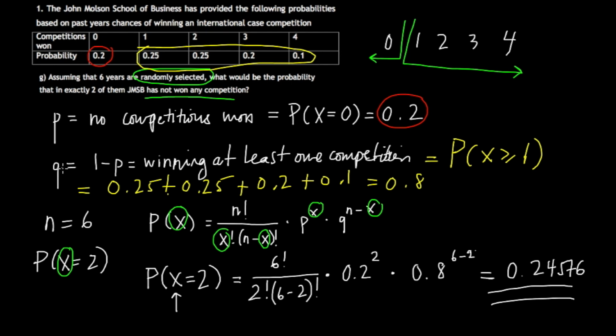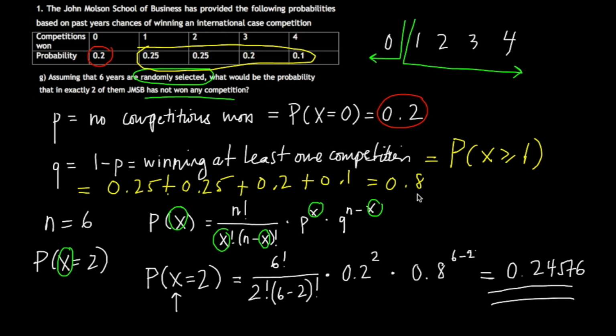Then Q is the complement, 1 minus P, which is winning at least one competition, the complete opposite, so at least 1, which is 0.8. The way to know that you did it right is 0.8 plus 0.2. Binomial, there's only 2 outcomes in this set, should equal 1, so we're good.